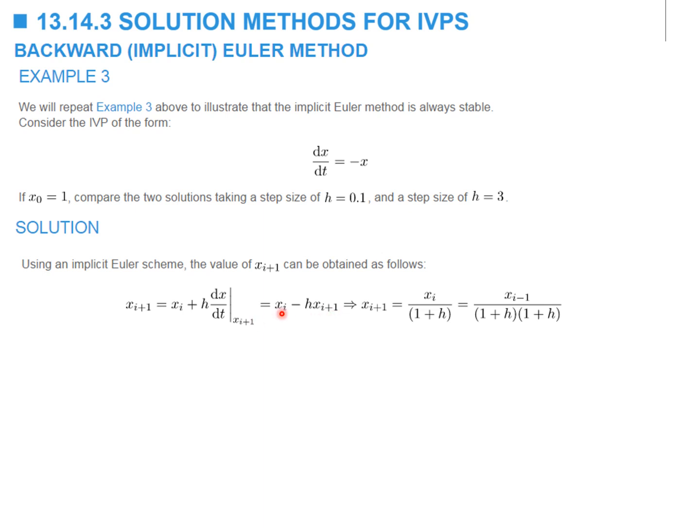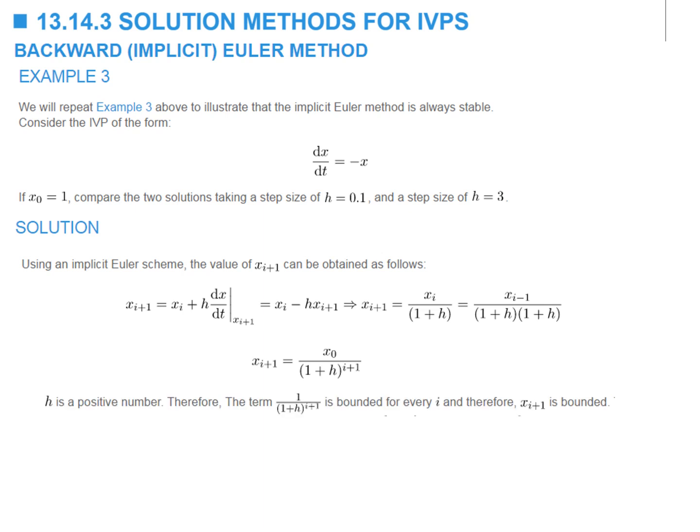Then, rearranging, I need to bring xi plus 1 to one side, because this is the variable that I'm trying to find. So xi plus 1 is equal to xi divided by 1 plus h. Remember, we can also think that xi is equal to the one before it divided by 1 plus h. Therefore, xi plus 1 will be equal to x0 divided by (1 plus h) to the power i plus 1. h is a positive number.